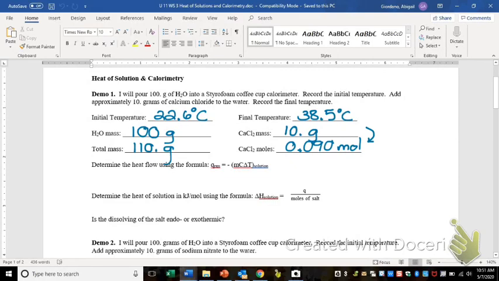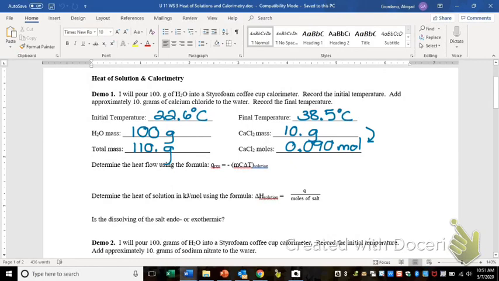Think about the solution as me measuring the temperature of the water. It's almost like the calcium chloride is the reaction on the left-hand side of Q reaction, and the water is what's on the product side, or the right-hand side, excuse me.